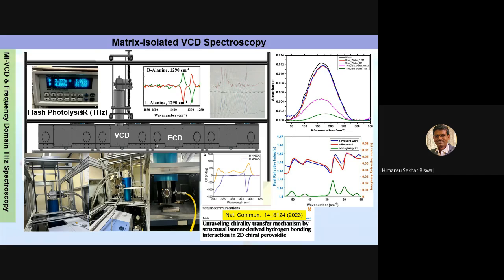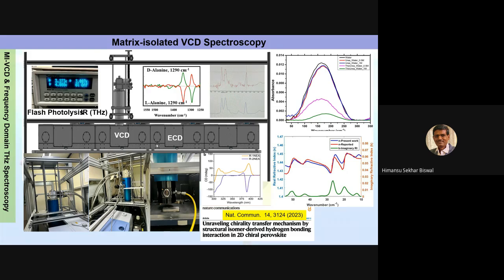The noble gases don't interact with the molecule, and the molecule behaves like an isolated molecule. They are far apart from each other in the matrix, and that is another complementary technique to the supersonic jet spectroscopy. So this one has a lot of advantages.